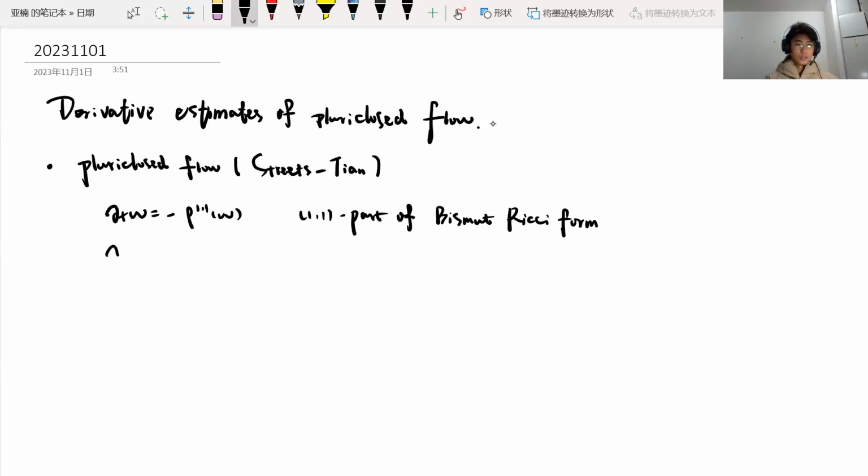Equivalently, we can formulate it using the Chern scalar curvature. Here, S is the second Chern Ricci function.